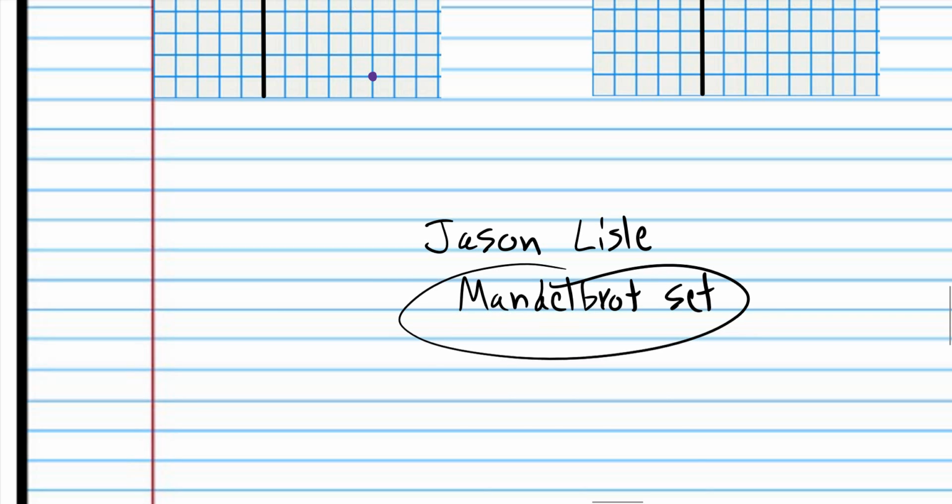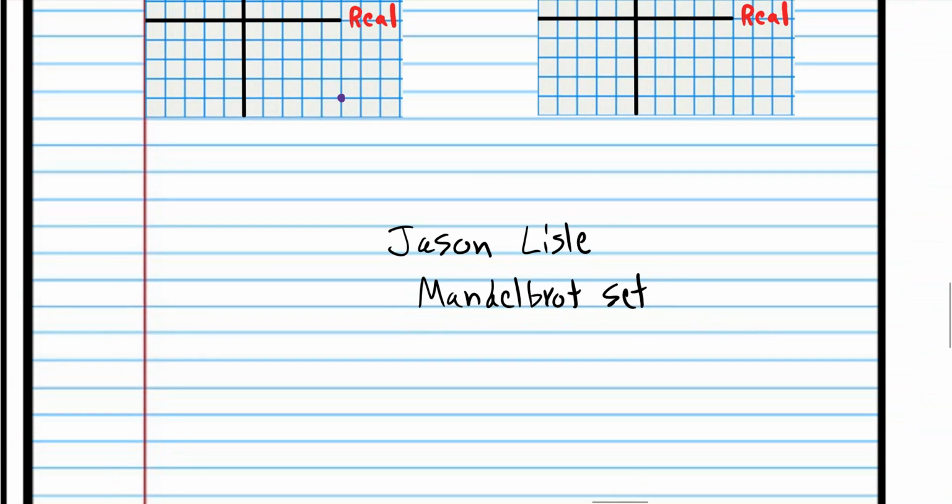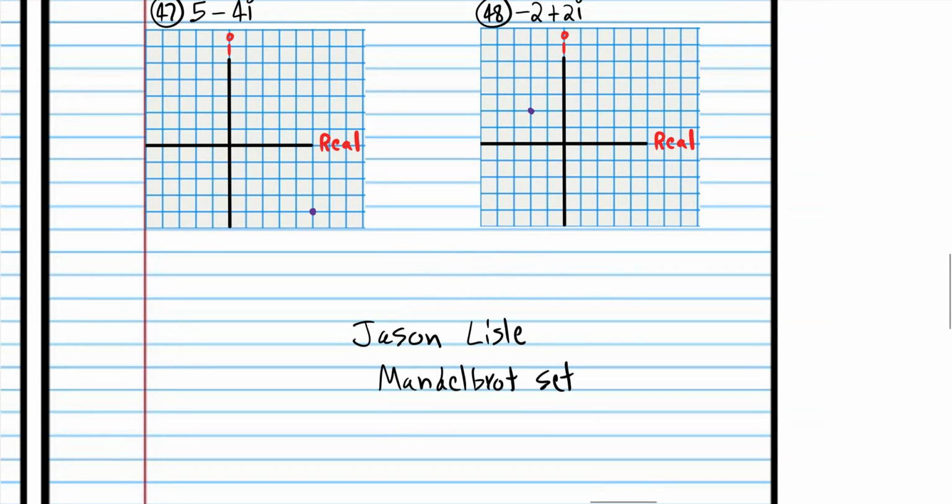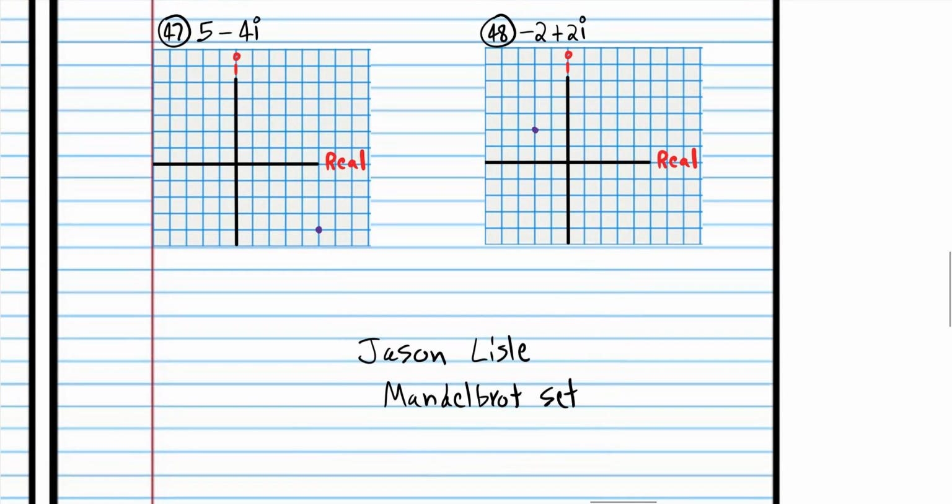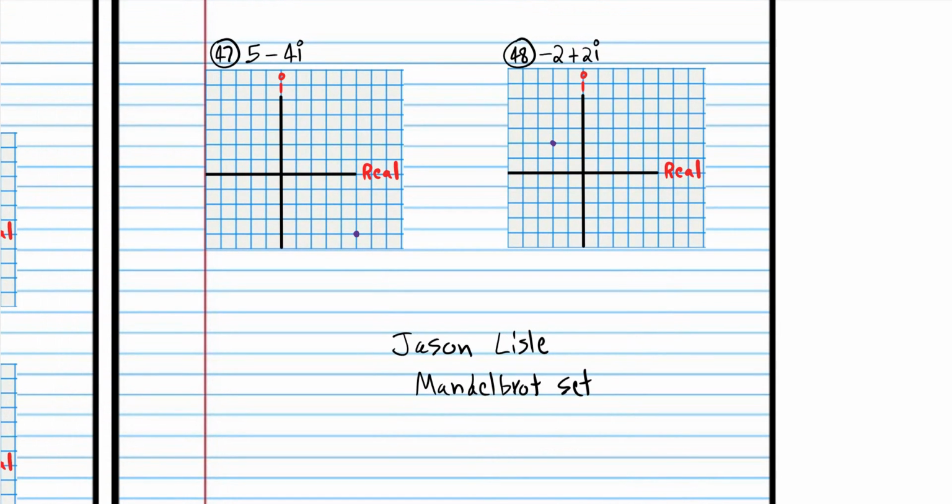You may recognize that phrase, Mandelbrot set. There was a guy named Mandelbrot who found that when you graph certain groups of complex numbers, you come up with some really interesting graphs. And these graphs were so interesting that this set became very famous among mathematicians.